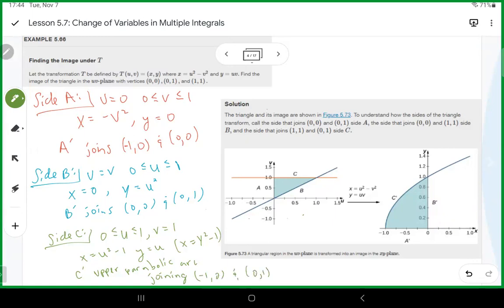All the points in the entire region of the triangle in the uv plane are mapped inside the parabolic region of the xy plane. That is the background information for the solution that they gave you.